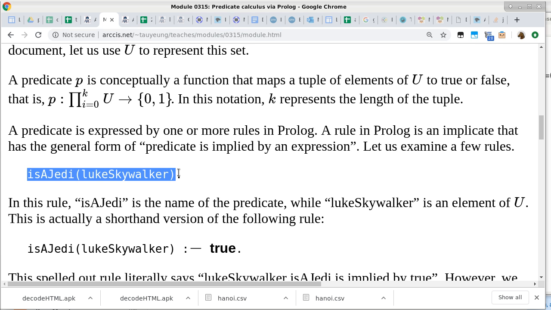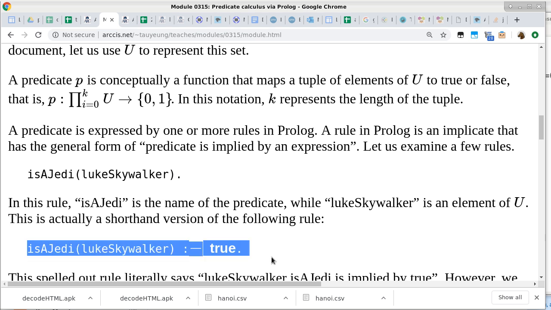But this part here with a period at the end is really a short form of this form here. Now, how do we read this? Technically, it is not saying that Luke Skywalker is a Jedi is true. It is really saying true implies Luke Skywalker is a Jedi.